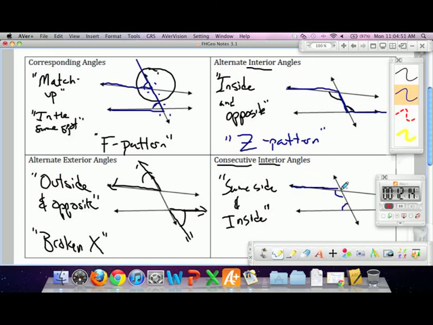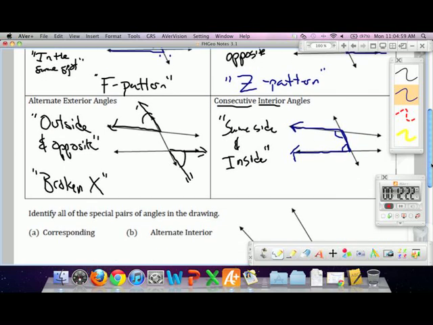U. Right. It looks like a pair of pants. I call it the C pattern because you could have also done that pattern as well, which is also consecutive interior.